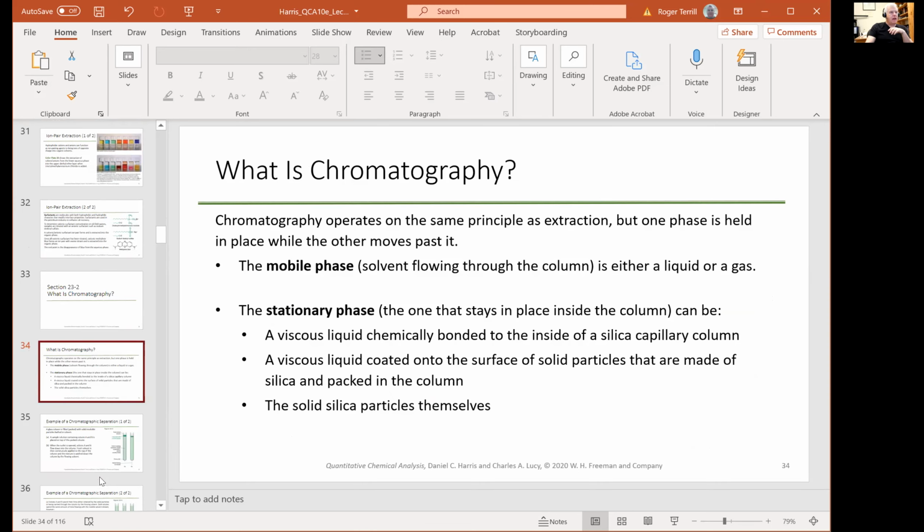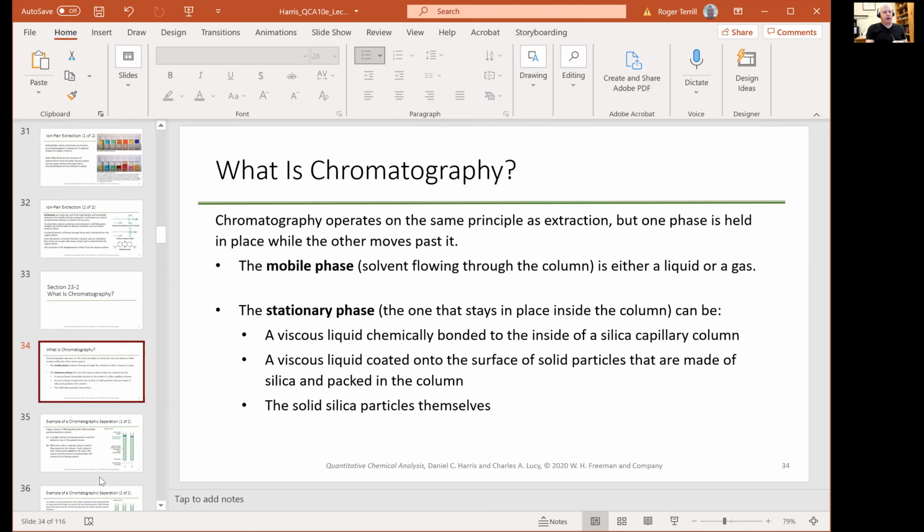So, what is chromatography? In chromatography, one of the common things you always have is a stationary and a mobile phase. I don't really know how to emphasize this fact, but the separation is based on the motion of chemicals down a tube.